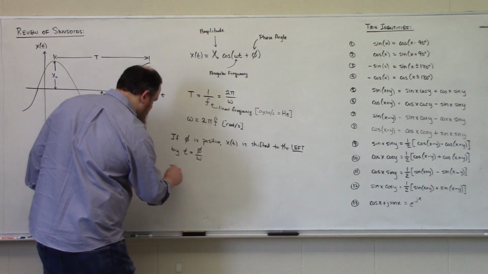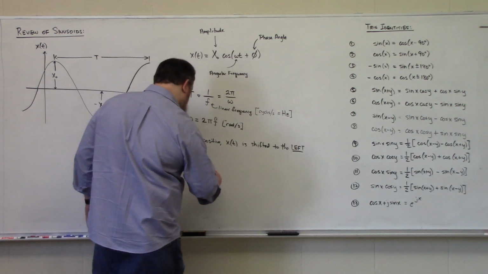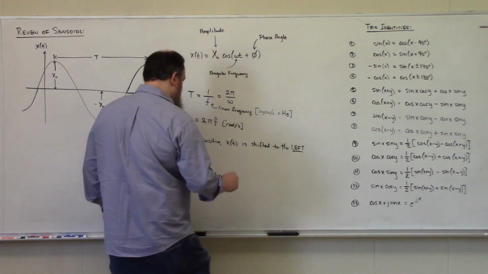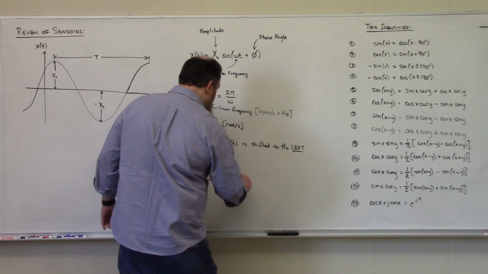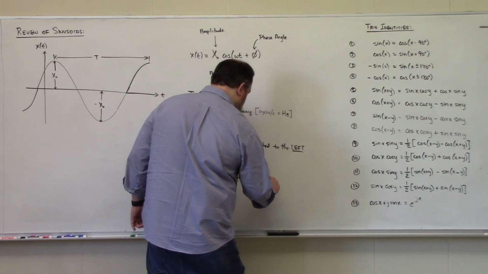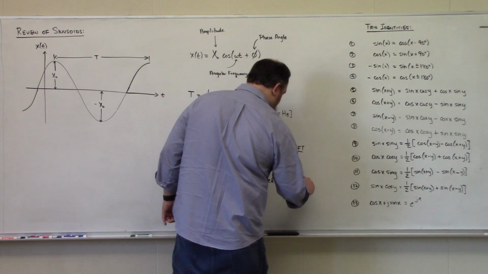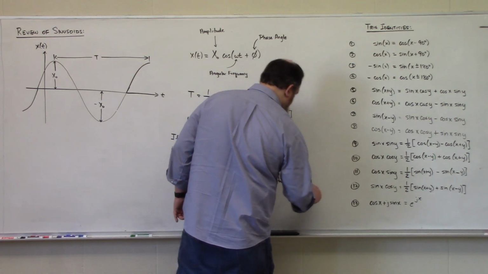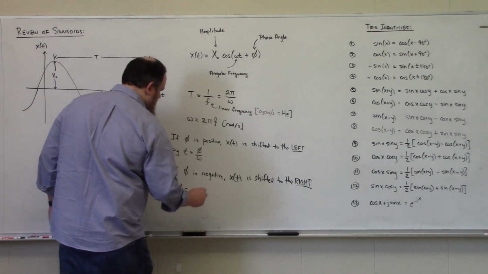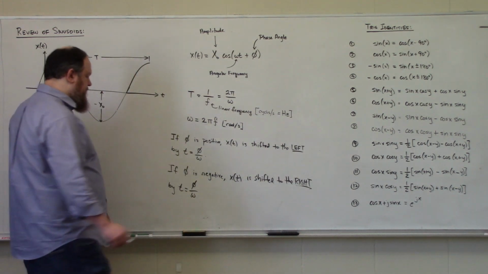If phi is negative, our waveform x of t is shifted to the right by an amount t is equal to phi over omega.